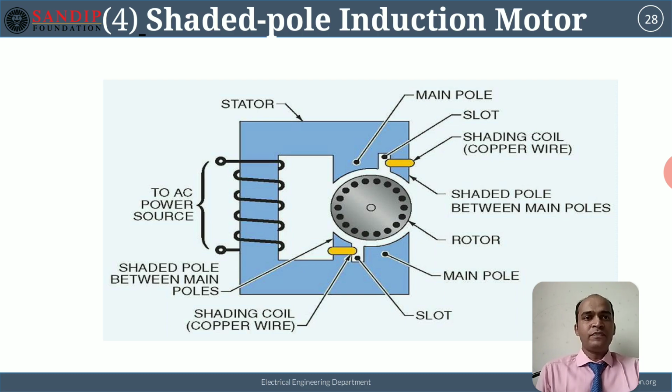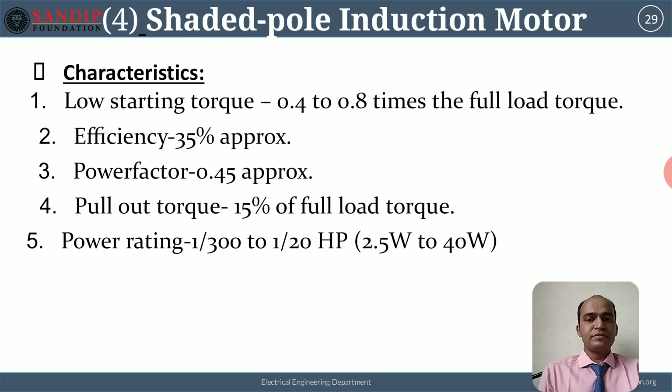The operation of the shaded pole induction motor is divided into three parts: T1, T2 and T3. At the instant T1, the current is increasing. The induced EMF tries to oppose it. The flux phi s opposes it, and the resultant flux is in the unshaded region. At the instant T2, the current is almost constant.